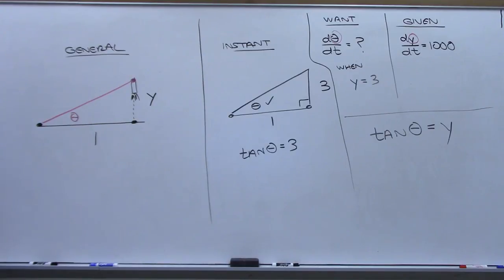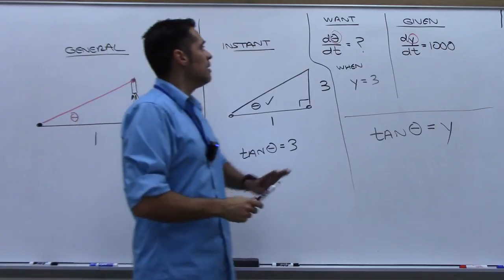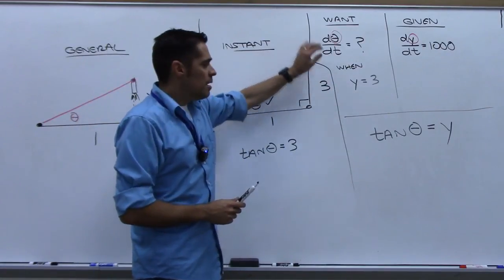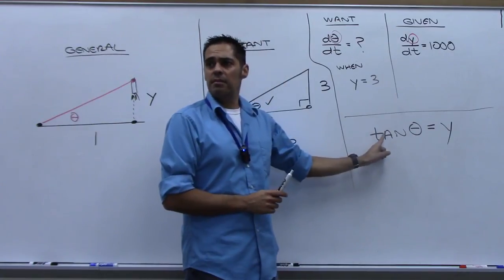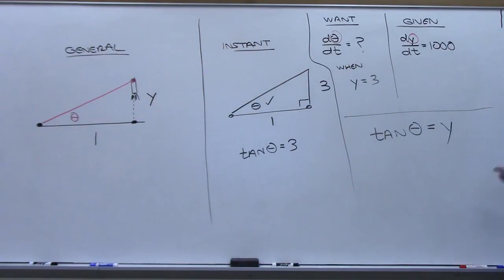The only difference is, what was it we were trying to find? Look, d theta dt, right? Theta's trapped in a tangent, isn't it? I can make this problem a lot easier for myself if I release theta from the tangent. To do that, I can take arctangent on both sides, and I'm going to do that before I take a derivative.